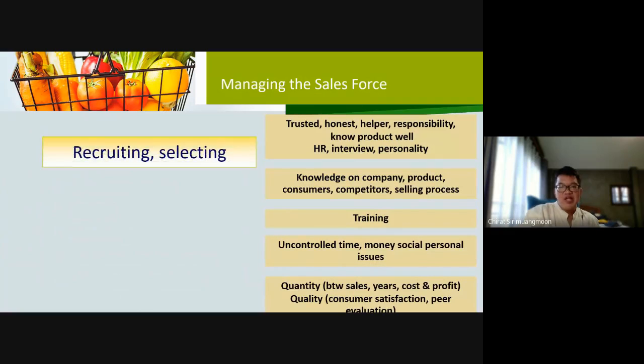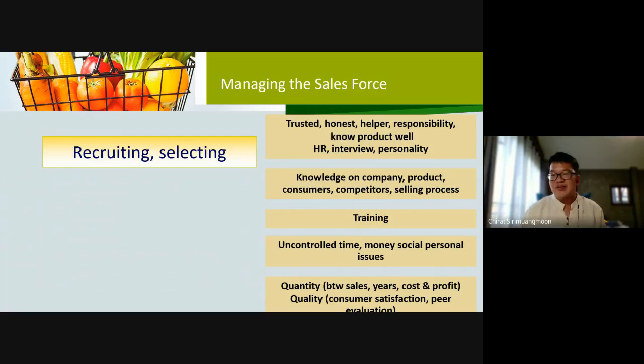So how do you manage the sales force or salesperson? First one, please carefully recruit and select. The salesperson that you need should first be trustable. They should be trusted by the consumers. They should be honest. They should have a service mind, like to help other people, and have good responsibility. Then make sure that these sales know your product and your company well.